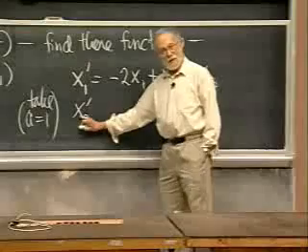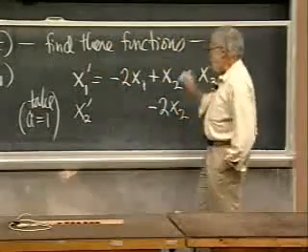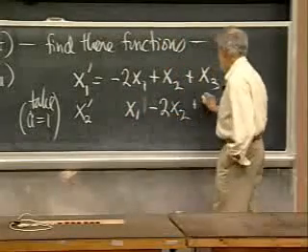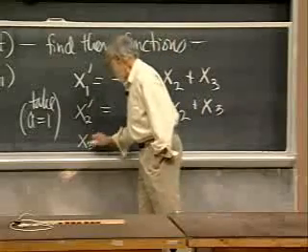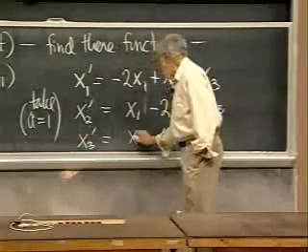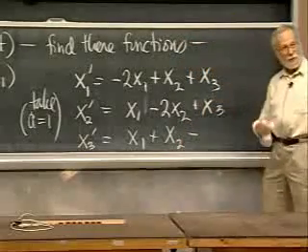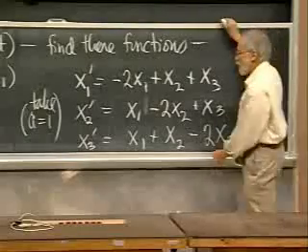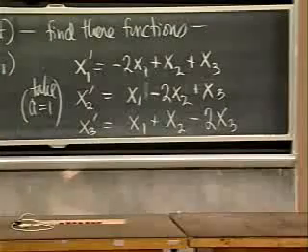Since x2 prime is our main man, this is minus 2x2, and this must be x1 plus x3. And finally, the last one is no different. x3 prime is x1 plus x2, and now it's the x3 that should get -2 for the coefficient. So there's a perfectly reasonable looking set of equations.